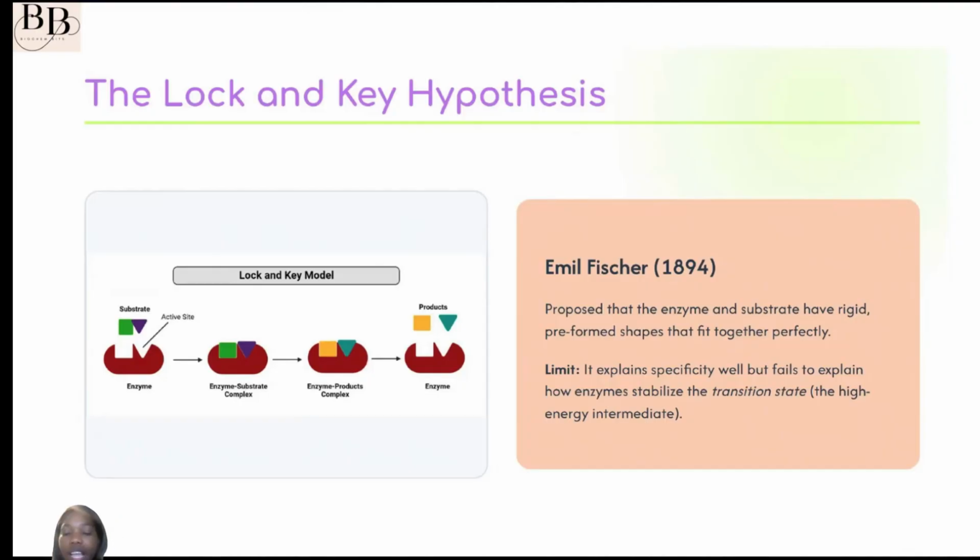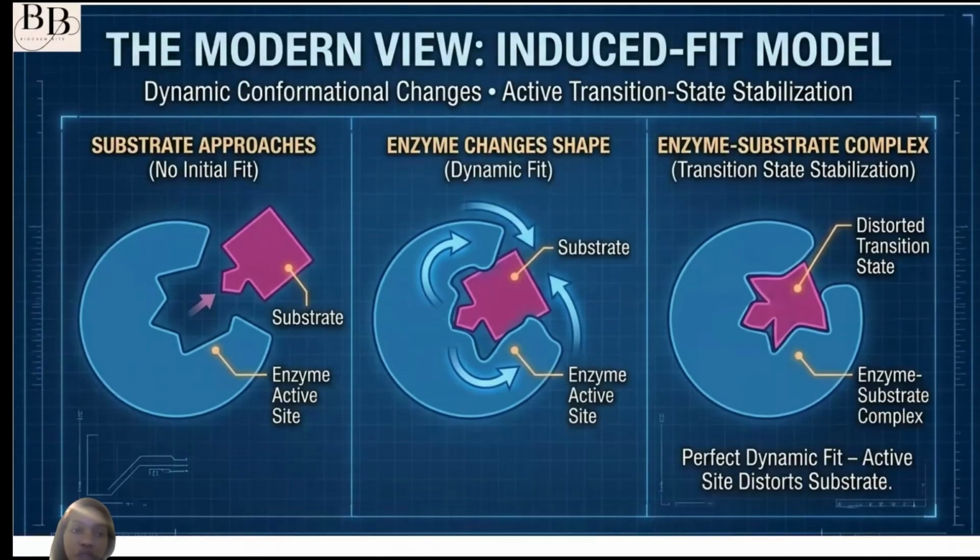But this explanation has a limitation in the sense that it fails to explain what happens at the transition state. So this led to a newer model, called the Induced Fit model, which explains the dynamic conformational change that happens at the active site. When the substrate binds to the active site of the enzyme, there is a dynamic shift in the shape of the enzyme, allowing it to suit the conformation that the substrate needs to trigger the reaction and progress to the next phase.